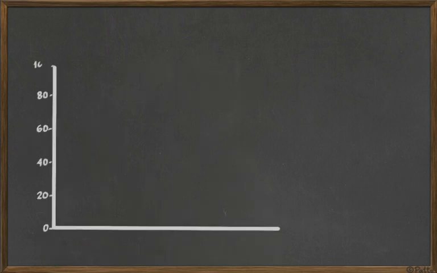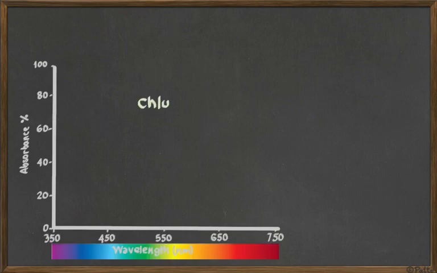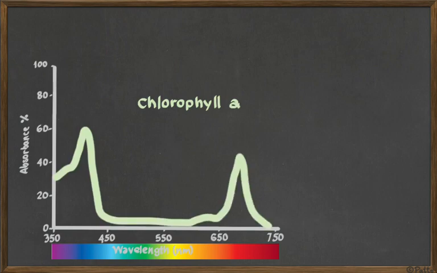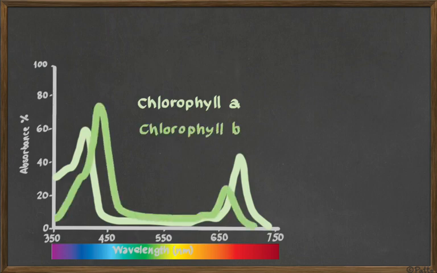Okay? So if you put them both together, chlorophyll A and chlorophyll B, they are slightly different between themselves. Chlorophyll A has a curve that's more or less the same between blue and red. Chlorophyll B has a bigger peak in the blue than it has in the red. As a result, chlorophyll B is more twisted to the yellowish side, while chlorophyll A absorbs red and blue, so it's a little bit more twisted to the bluish side.